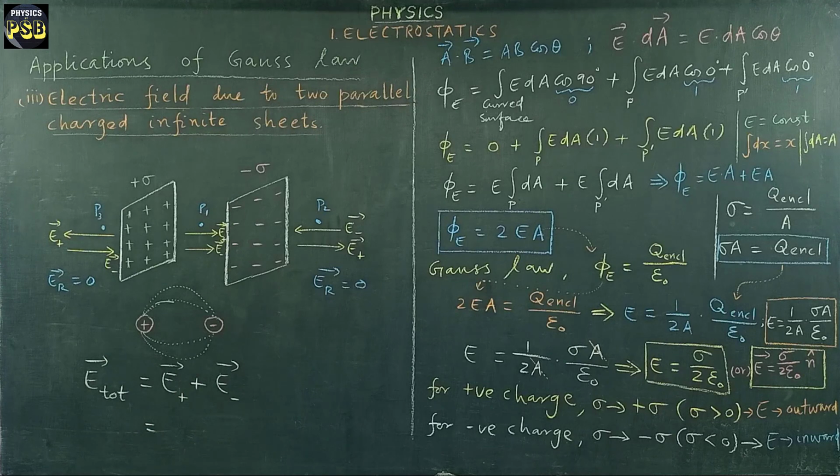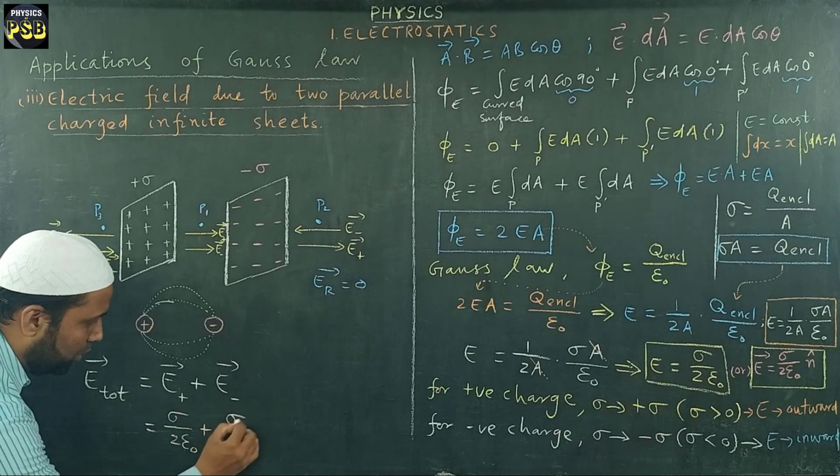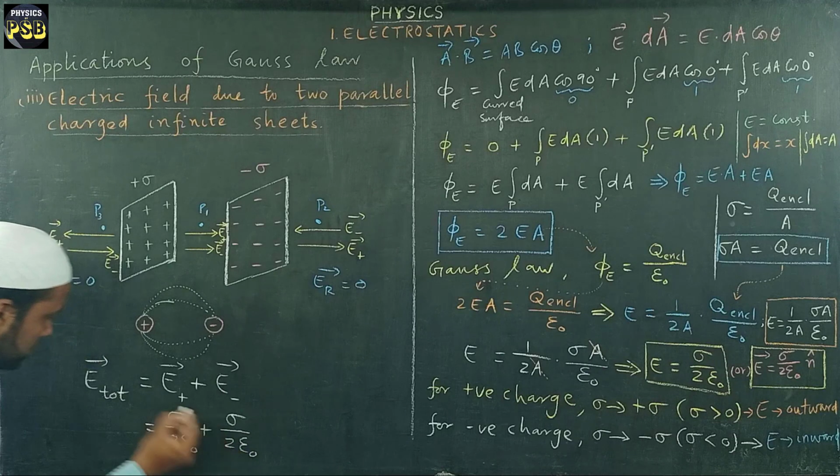So the value is, from this expression, sigma upon 2 epsilon naught plus sigma upon 2 epsilon naught.